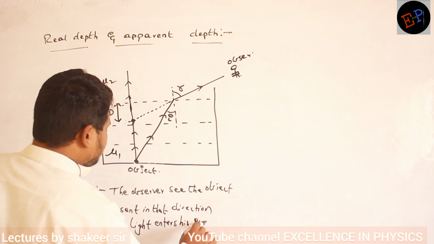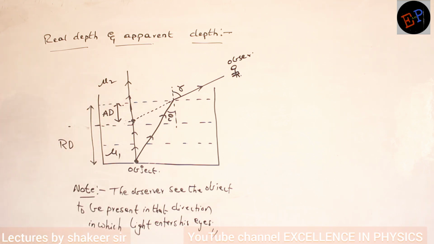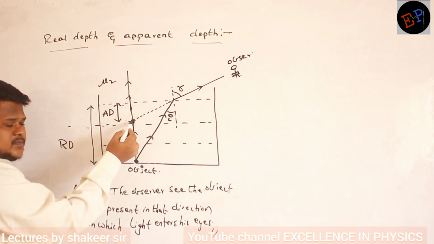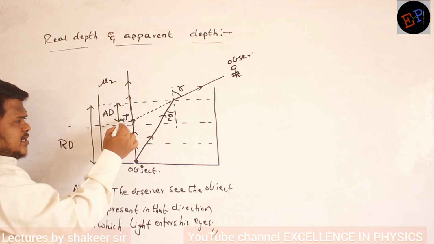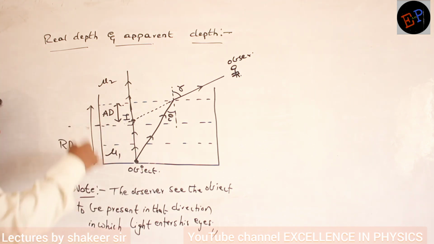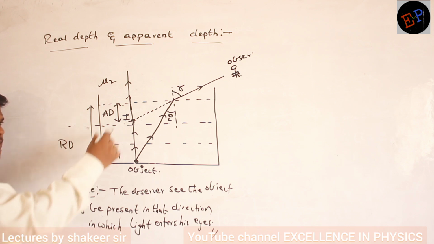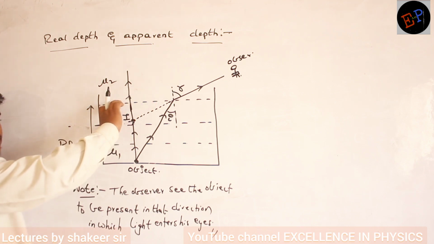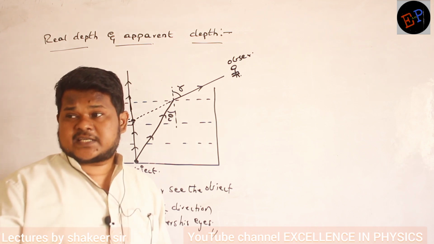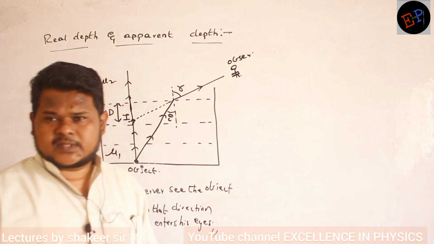Are you able to understand? So therefore this person believes that the object is actually present here, and that point is called the image of this object. So the original depth of the object is called real depth, and the depth seen by the observer is called apparent depth. Apparent means as seen by the observer. Are you able to understand?